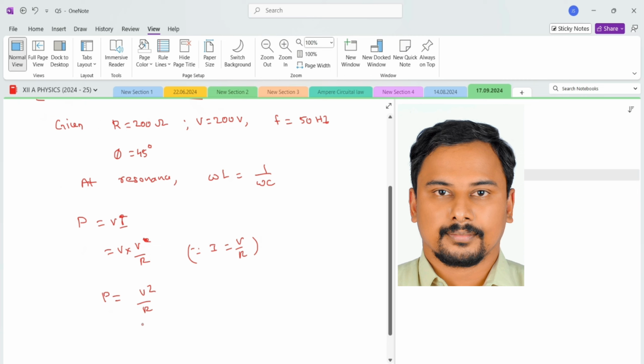The voltage given is 200, so it is 200 square by the resistance, 200. So the answer is 200 watts. This is the answer for question number 5.